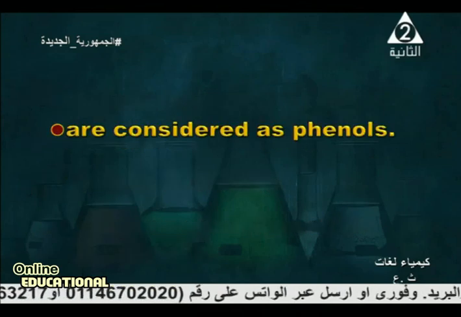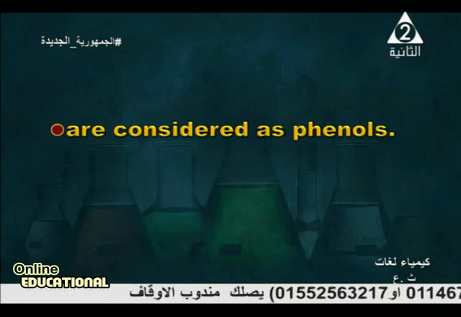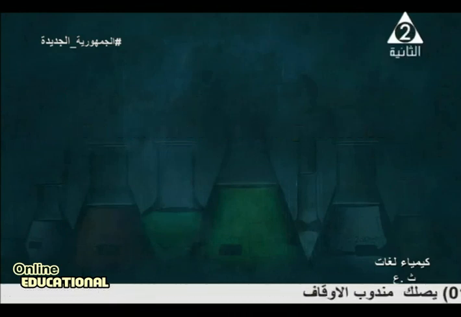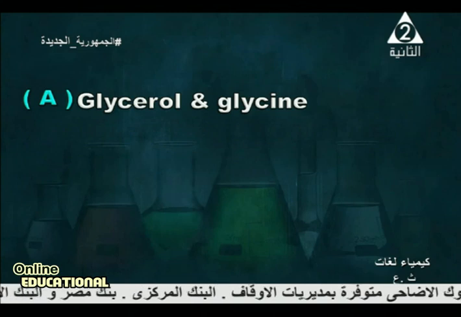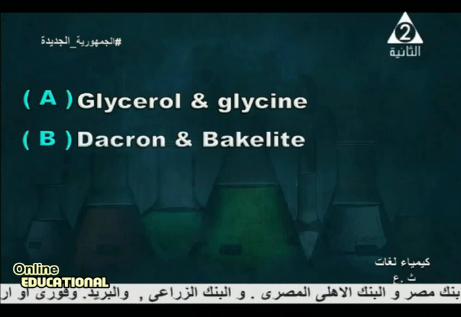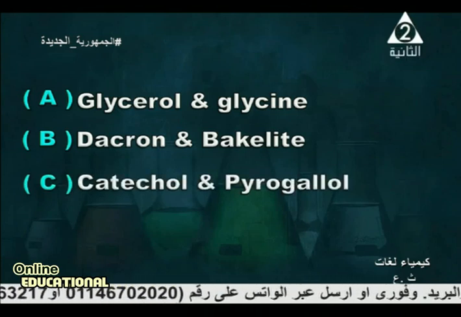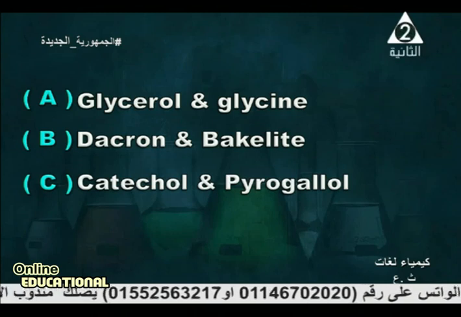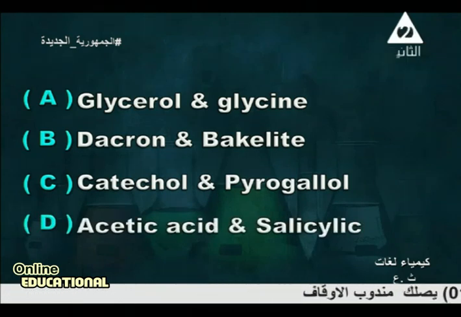Let's go to this question. What is considered as phenols? Phenols, yes, we know. Is it glycerol and glycine, or number B, dacron and bakelite, or number C, catechol and pyrogallol, or the last one, acetic acid and salicylic?